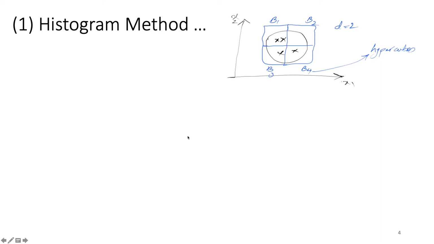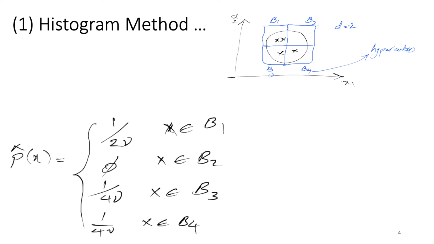I brought the figure there on the upper right side. The estimate for all those x's in B1 would be 1 over 2, and V refers to the volume of each of the B's, the hypercubes. Whatever the volume was, you just multiply it in; it's a variable you can apply later on.